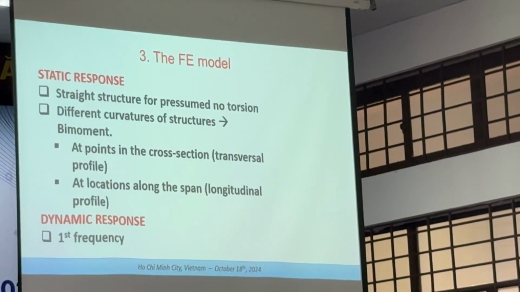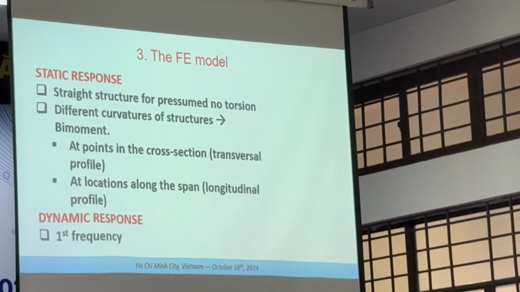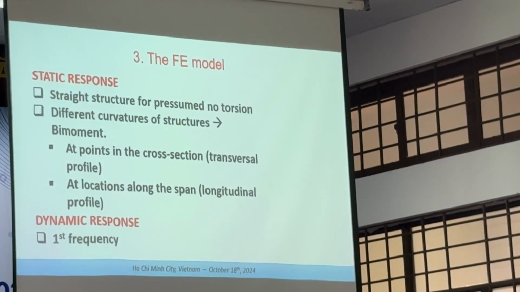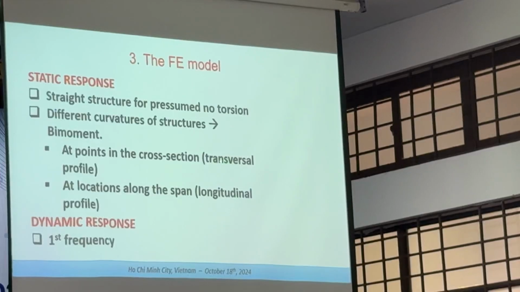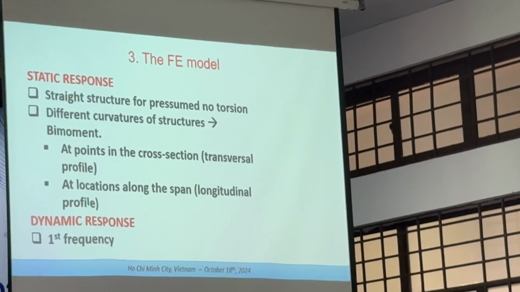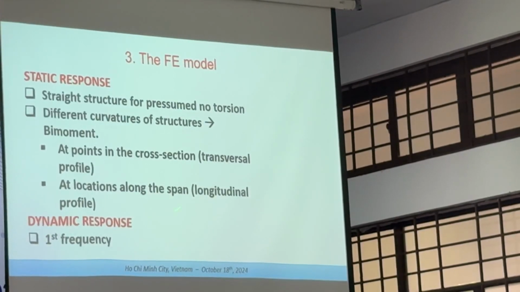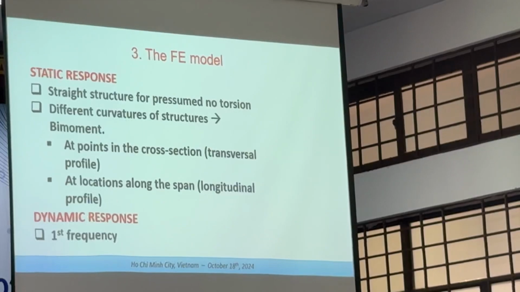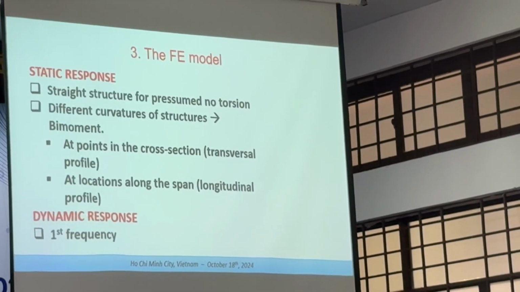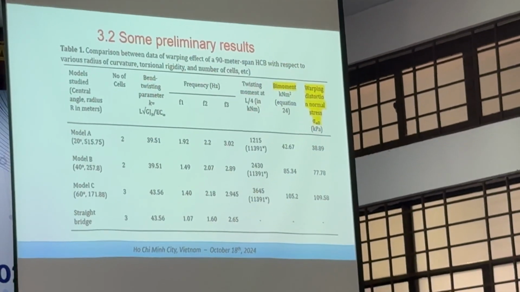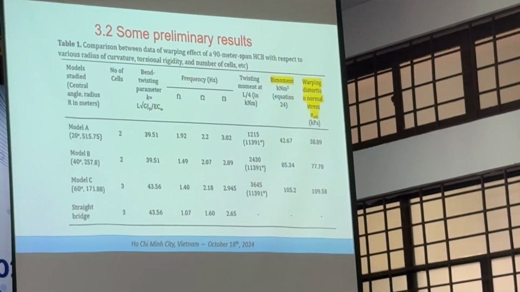We aim to calculate the bimoment at the corner of the cross section in the transversal profile and along the span. In dynamic analysis, we concentrate on the first mode of vibration. So this is some result about the analysis.